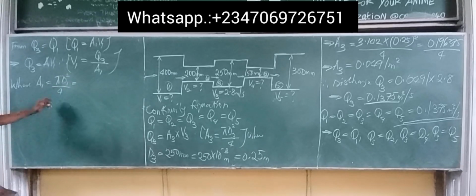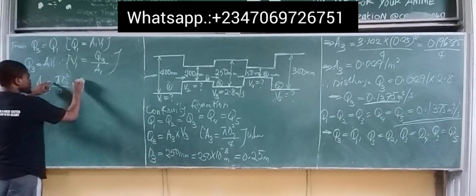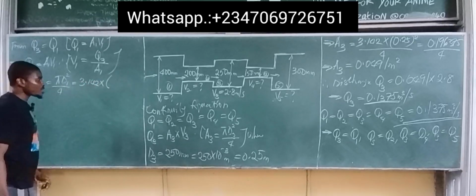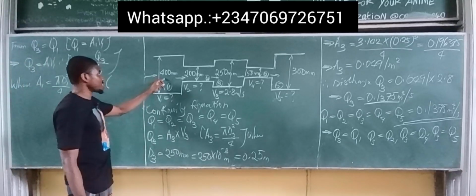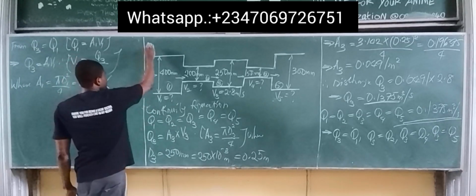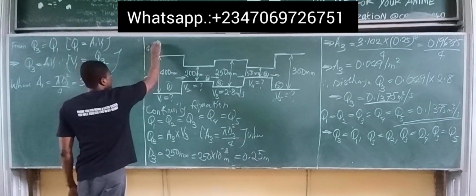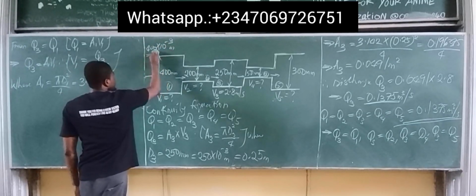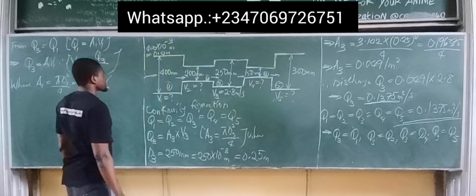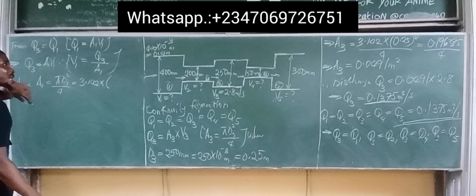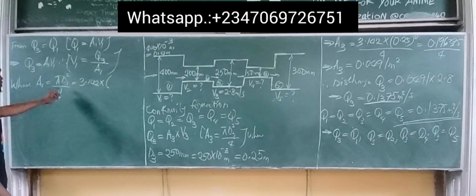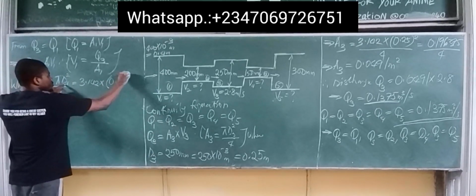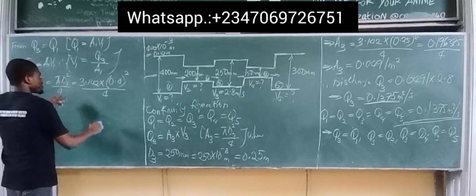This is now equal to pi, a constant, 3.142, multiplied by the diameter of pipe 1, which was given as 400 millimeter, and of course 400 millimeter is 400 by 10 to the power of minus 3 meters, which is approximately 0.4 meters. Therefore, pi D1 becomes 0.4 all squared divided by 4.